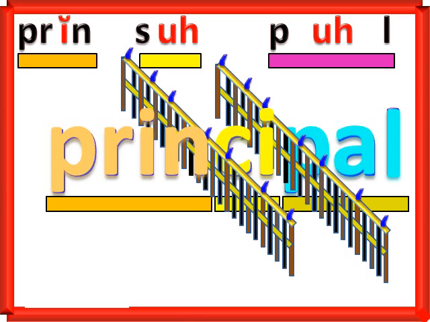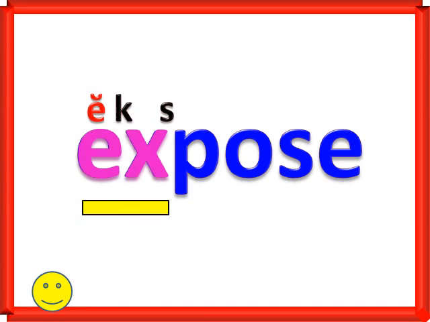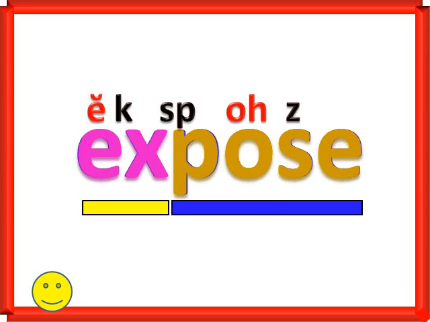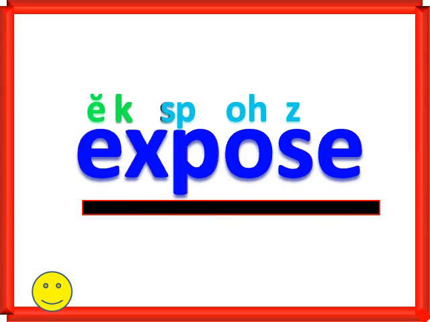Okay. Now I'm going to show you how, when you put the X in there, the S and the Z cross that fence. Expose. E, K, X, sp, O, spo, spose, ek, sp, O's, expose.